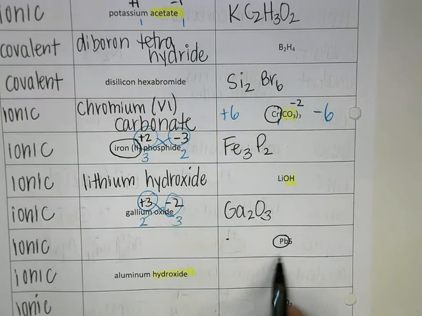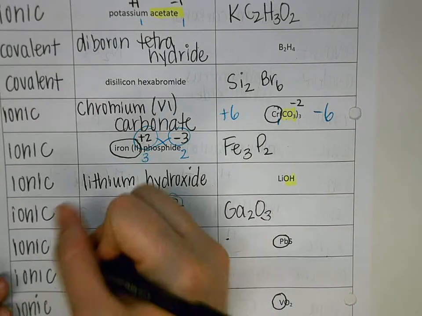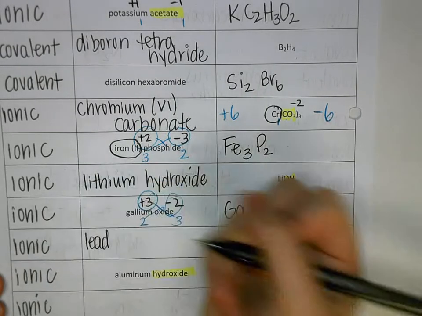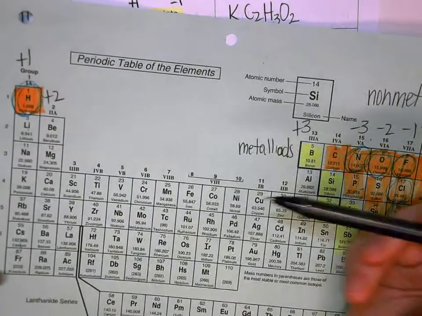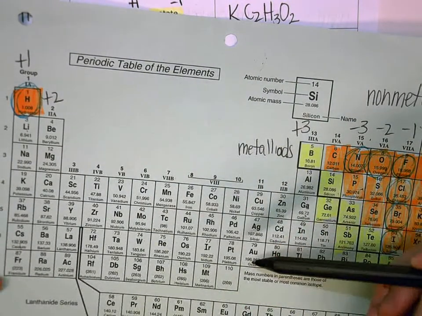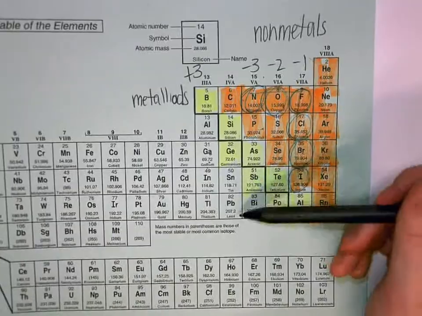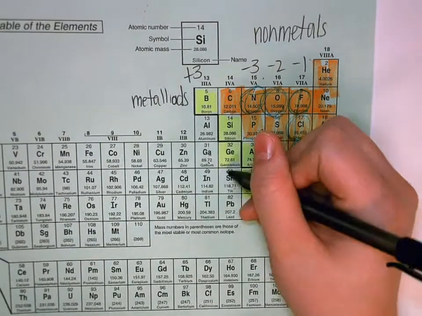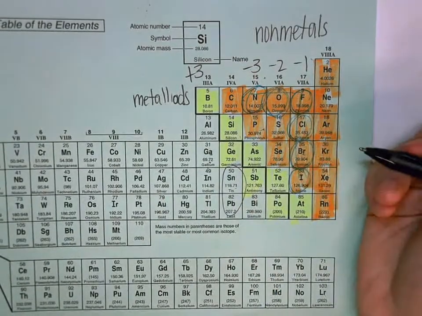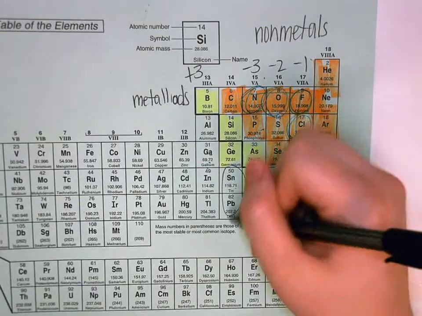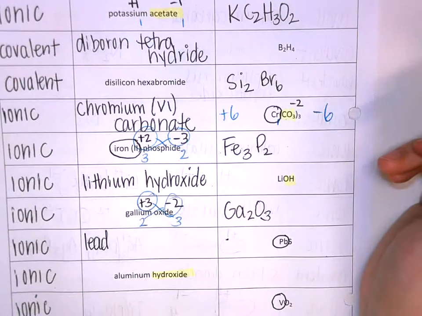Next up I have lead and sulfur. So Pb is lead, let's write that. This is one of the transition metals, so I don't know the charge of this just from looking on the table of elements. Lead and tin are in that column where we're not sure if they're going to lose 4 or gain 4. So this is going to be also a transition metal.